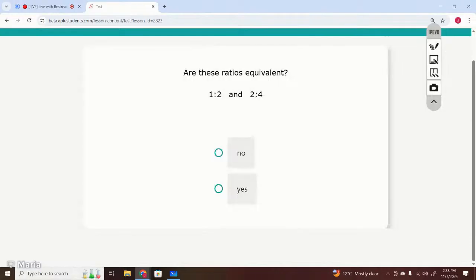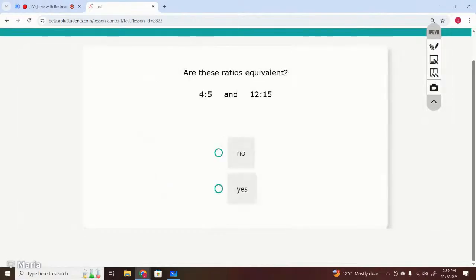Are these ratios equivalent? So let's just make the denominators the same, right? 1 by 2 and 2 by 4. So yes, they do form a proportion. The correct option is yes.